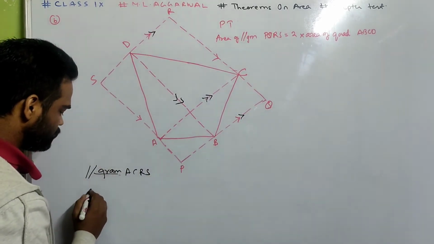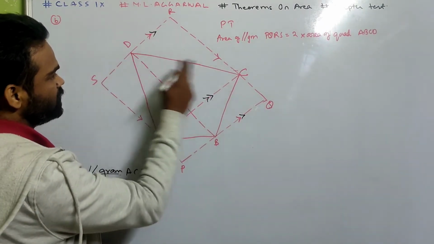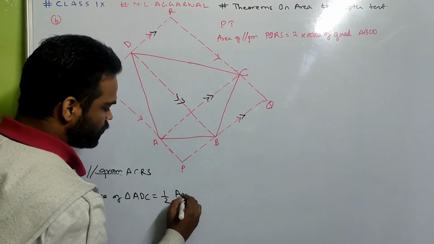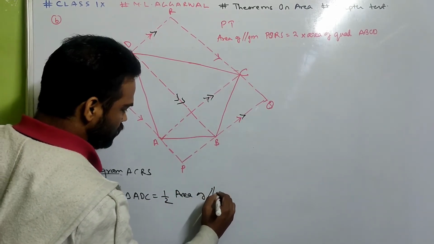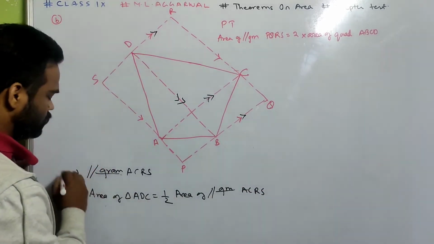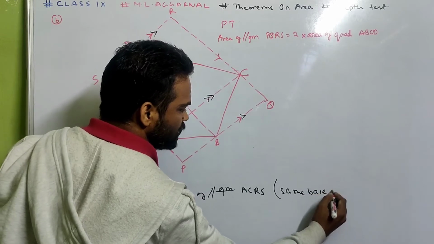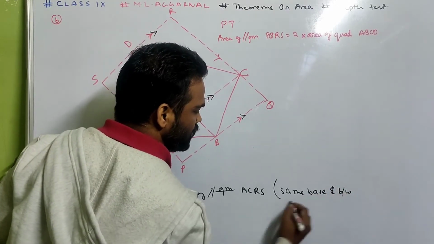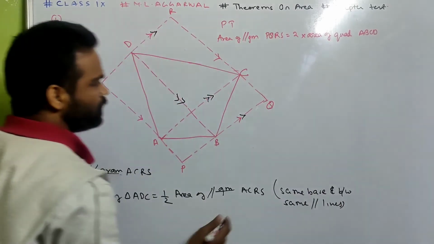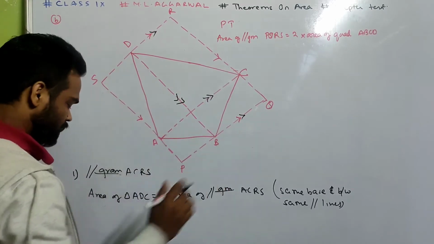Over there, area of triangle ADC is equal to half area of parallelogram ACRS. Yes or no? बिल्कुल सही है. Same base and between same parallel lines, and they have the same base AC.